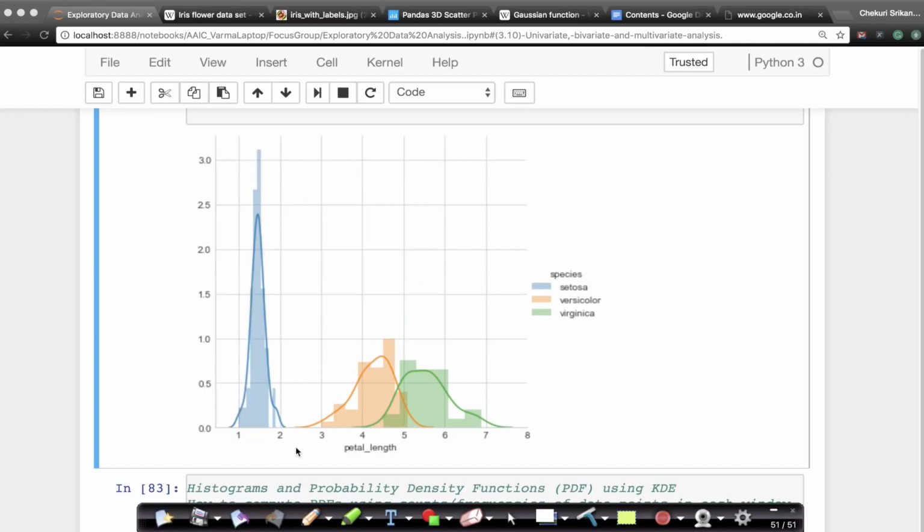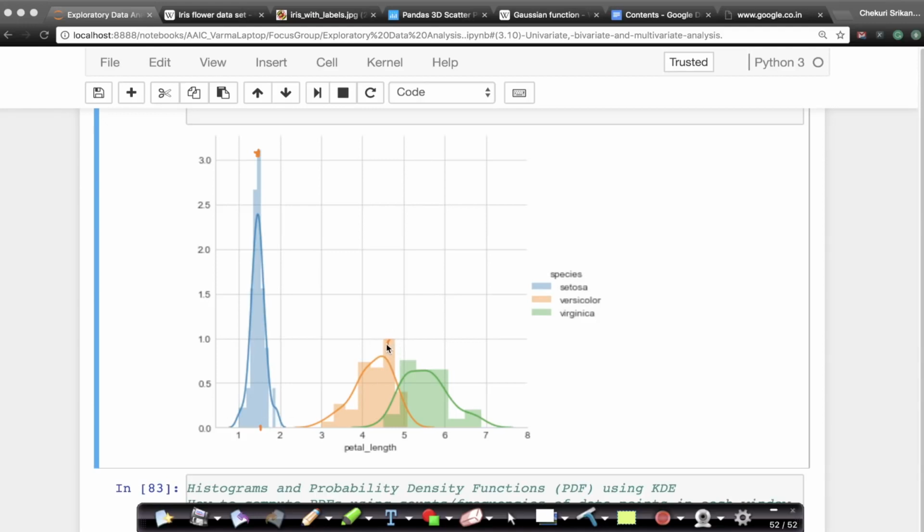Now, as soon as you see this, you're getting a very interesting understanding. Again, my x-axis is only petal length. My y-axis basically is counts. My y-axis says how many points exist in this small window, right? So given any point here, the height of my histogram tells me how many points exist in this small window. And this is far more readable. Now by looking at this plot quickly, I know that a lot of setosa flowers have a value of about, let's assume, 1.6 here. 1.6 is what we find as the petal length for a lot of setosa flowers.